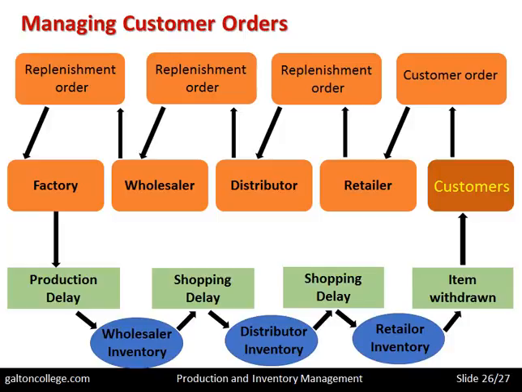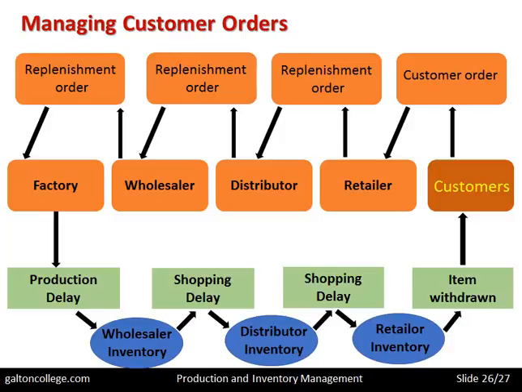So we can see it's a circular arrangement, but it's quite complex, and each part of this is satisfying a particular requirement in the supply chain. The retailer has contact with the customer, the distributor has contact with the retailer and with the wholesaler, who has contact with the factory and the distributor, and the factory produces the item, which ultimately goes to the customer.